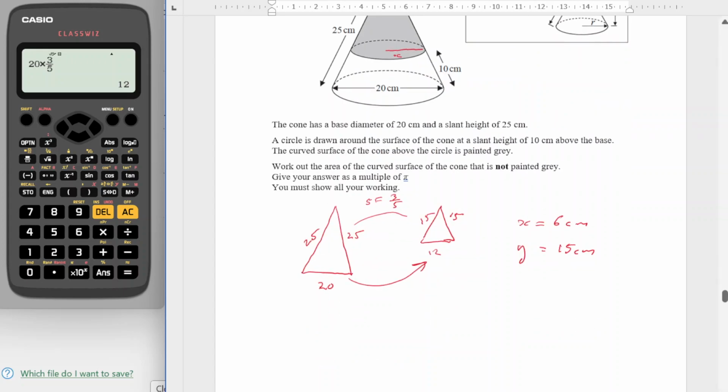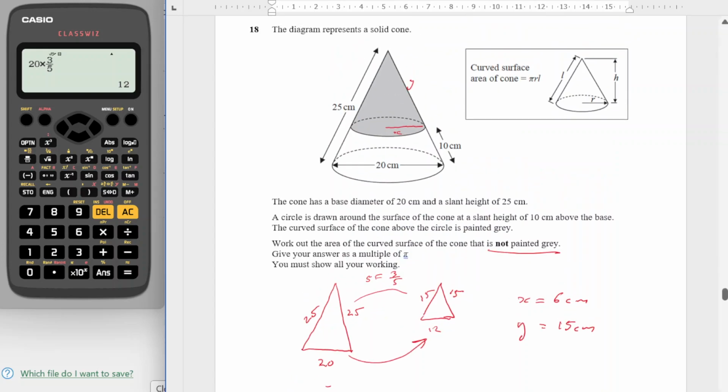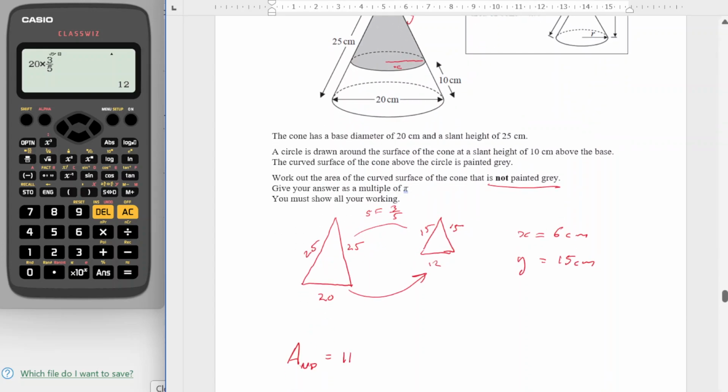We want the full surface area minus the smaller surface area, so the area that is not painted. So area of not painted is going to be equal to pi RL minus, I'm going to call it pi RL again, I'll call that 1 and 1, 2 and 2. So I'm looking at pi times by 10 times by 25 minus pi times by 6 times by 15.